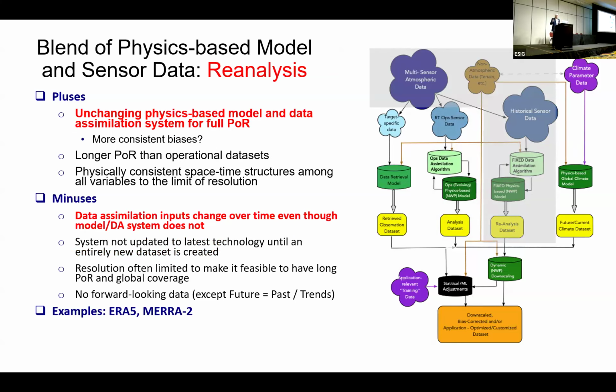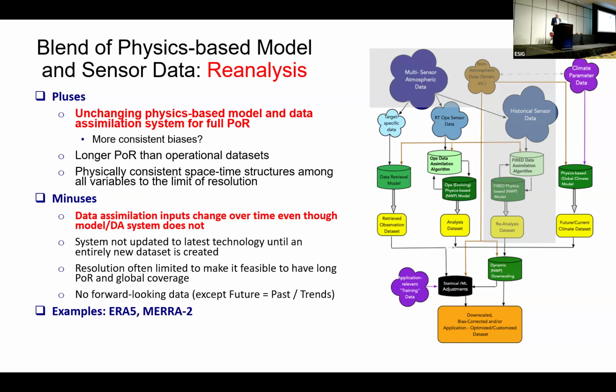So we get around that problem of the operational analyses where you change the system. And the other part of it is the data used in the process can be all the data that is available, not just what is available in the operational time window. So you have a larger data set, as I indicated in the flow chart there.